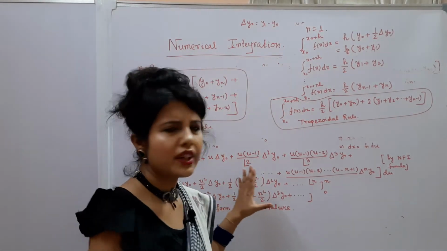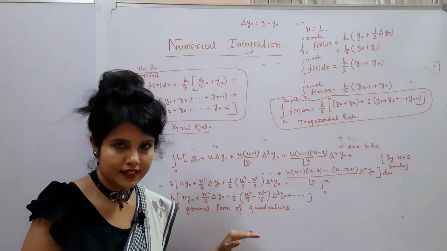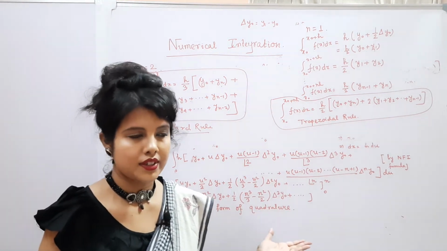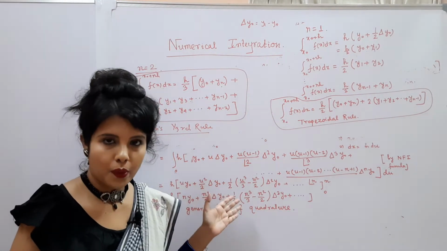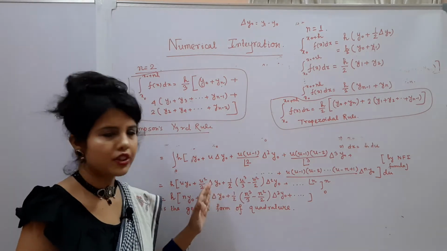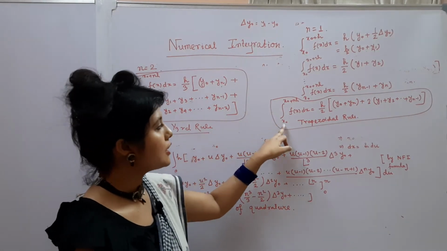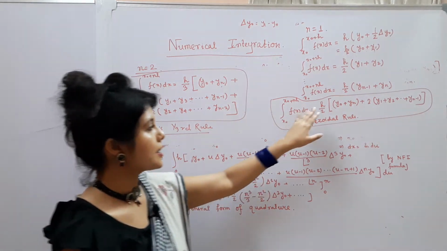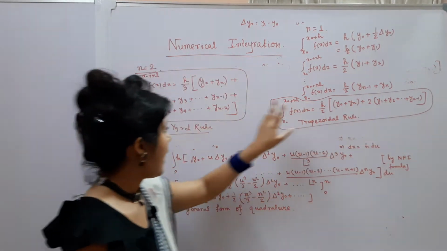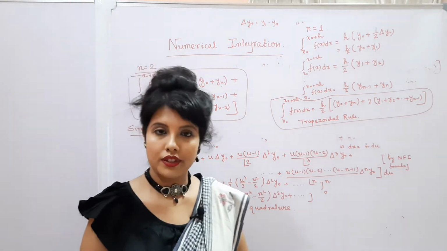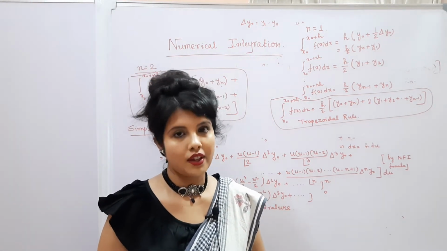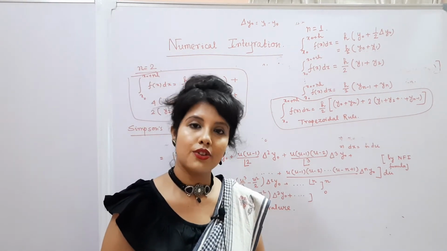You don't need to remember the derivation of the quadrature in great detail, because it is not so important and does not usually come in your exam. But these two special cases, the expression for the trapezoidal rule and the expression for Simpson's 1/3 rule, are very important for solving problems in your exam.